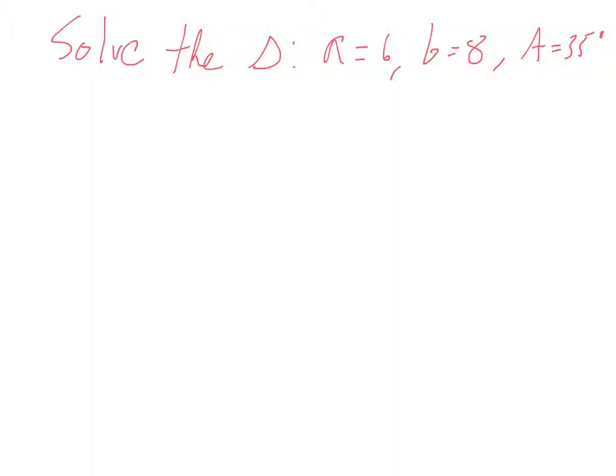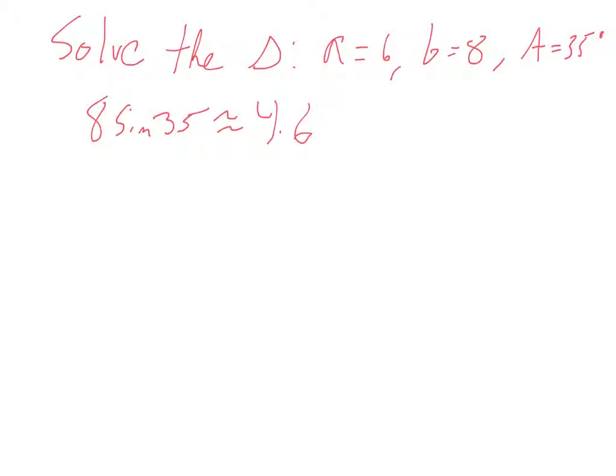So if b is ever bigger than a, we have to look at b sine 35 here and figure out what that's equal to. So 8 sine of 35 is roughly equal to 4.6.